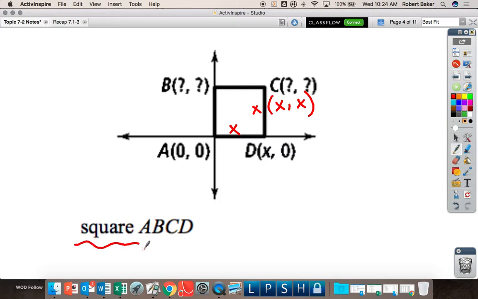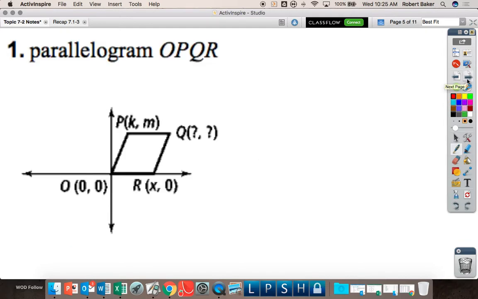So everything should match. Not everything. That one's 0, X. You just didn't say it correctly. So we're only using one variable. I think the square is the easiest, depending on where it's placed on the coordinate plane. Well, it'll have the same. Parallelogram.